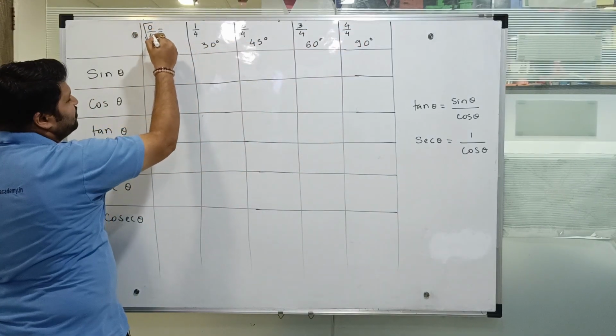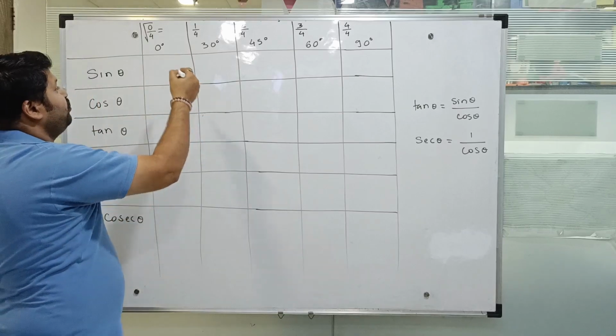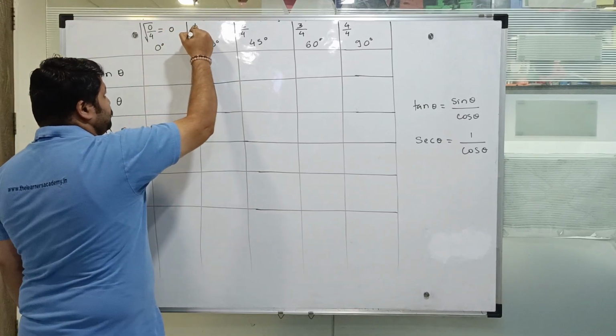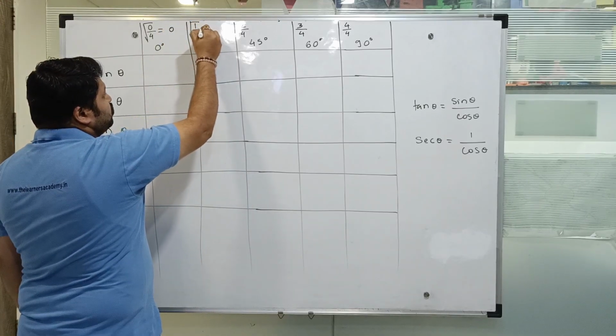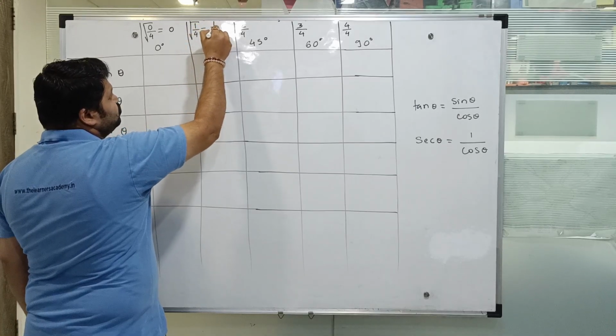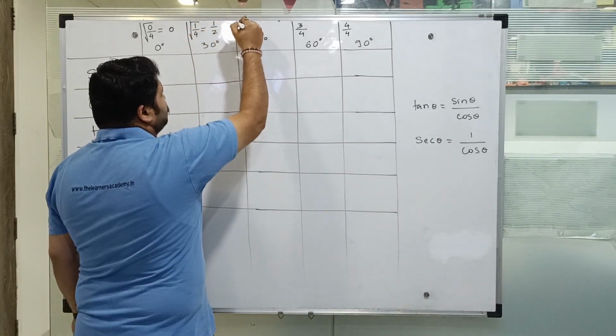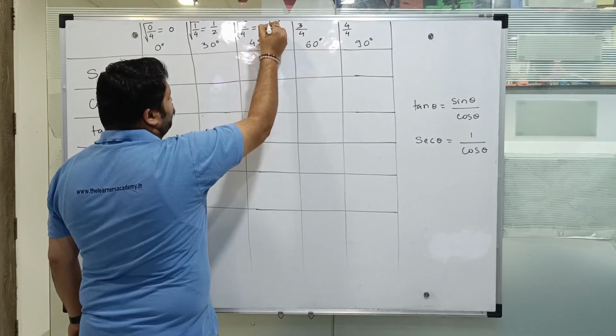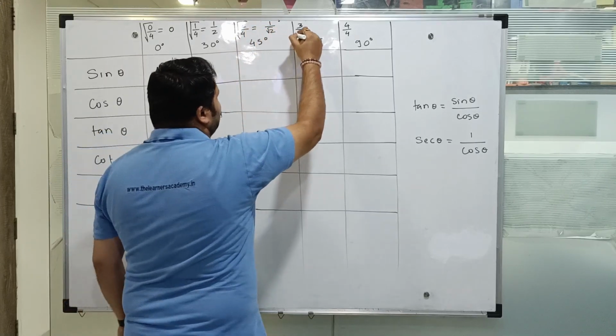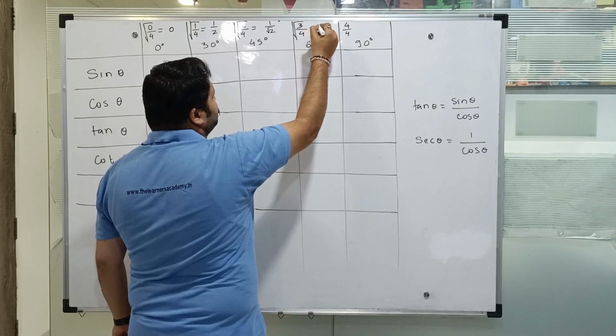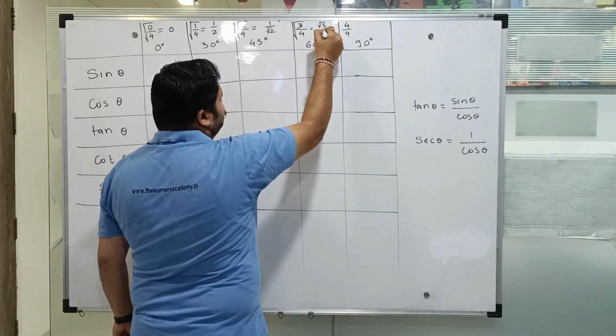So 0 divided by 4 is 0. Square root of 0 is 0. Square root of 1 by 4 is 1 by 2. Square root of 2 by 4 is 1 by root 2. Square root of 3 by 4 is root 3 by 2.